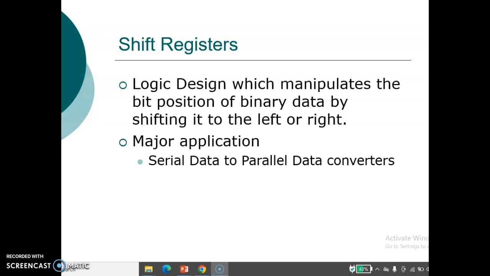Shift registers, the name itself says shift. So it is logic design which manipulates the bit position of binary data by shifting it to the left or right. Major application: serial data to parallel data converters for shift registers.